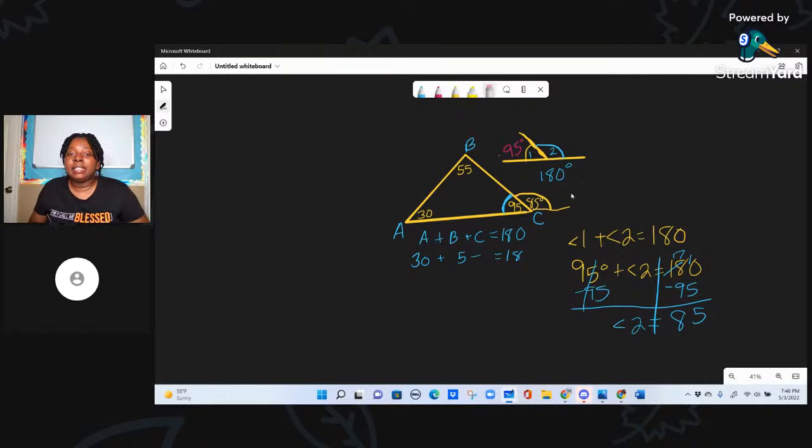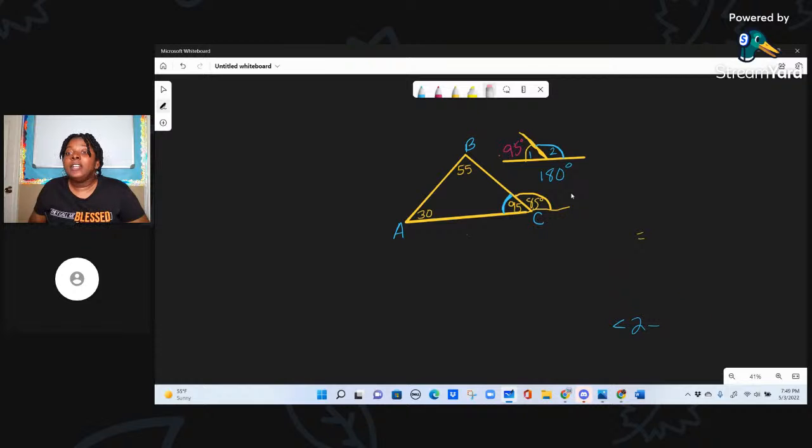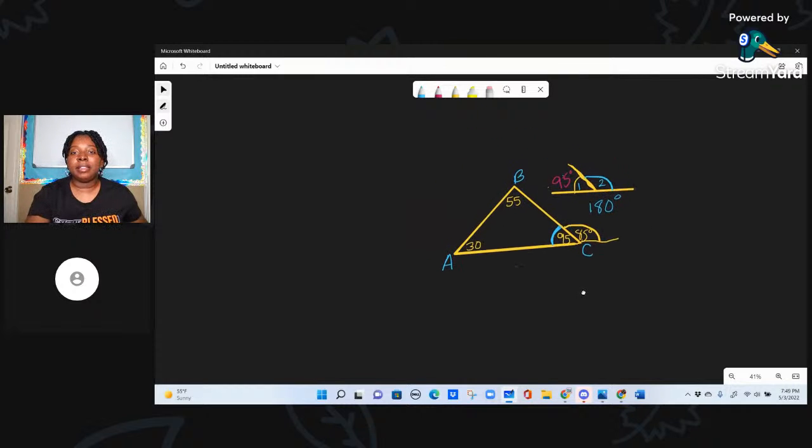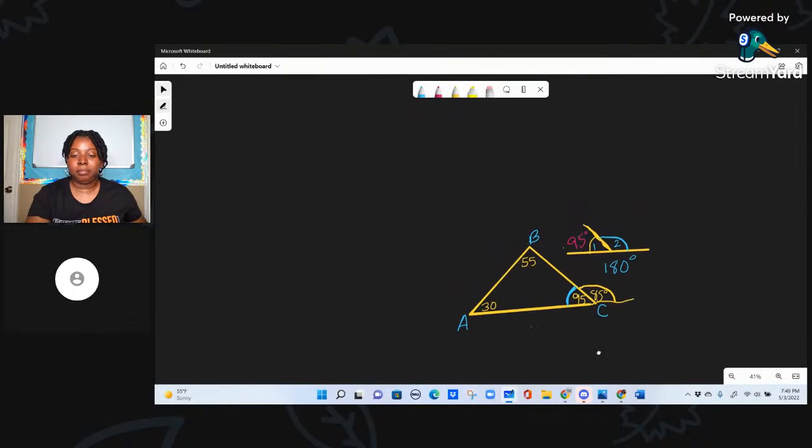Look at the 3 angles. A and B, right? So someone saw, wait a minute, if I just add A and B together, that should give me the exterior angle of C. That would give me the exterior angle, okay?